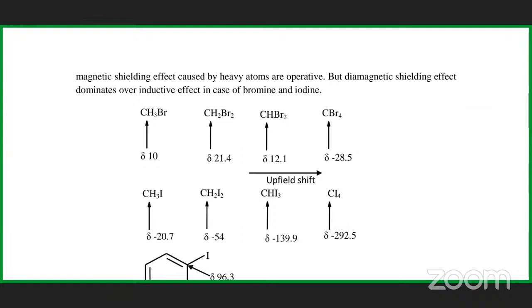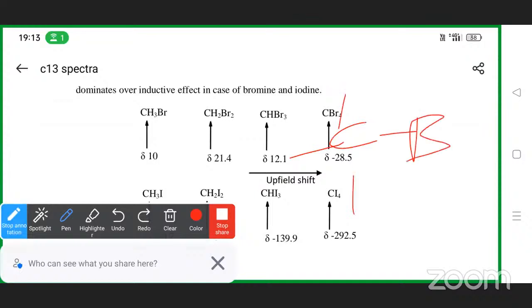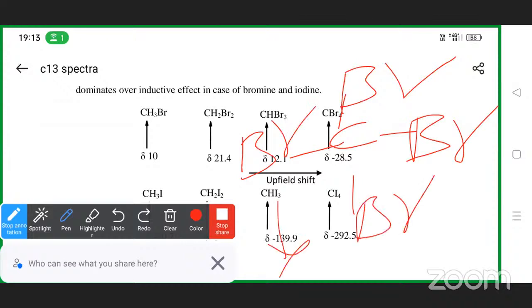Here is dibromomethane, it is 21, and tribromomethane, it is 12, and tetrabromo, very less. So with the increase of the number of heavy atoms, there is a tremendous decrease in the delta value. Why? Because there is a steric repulsion between the heavier atoms here.